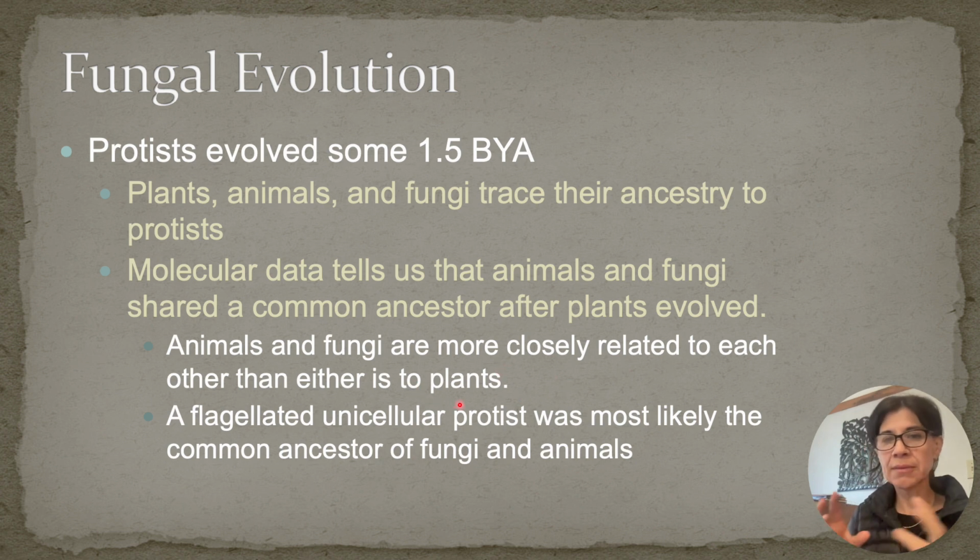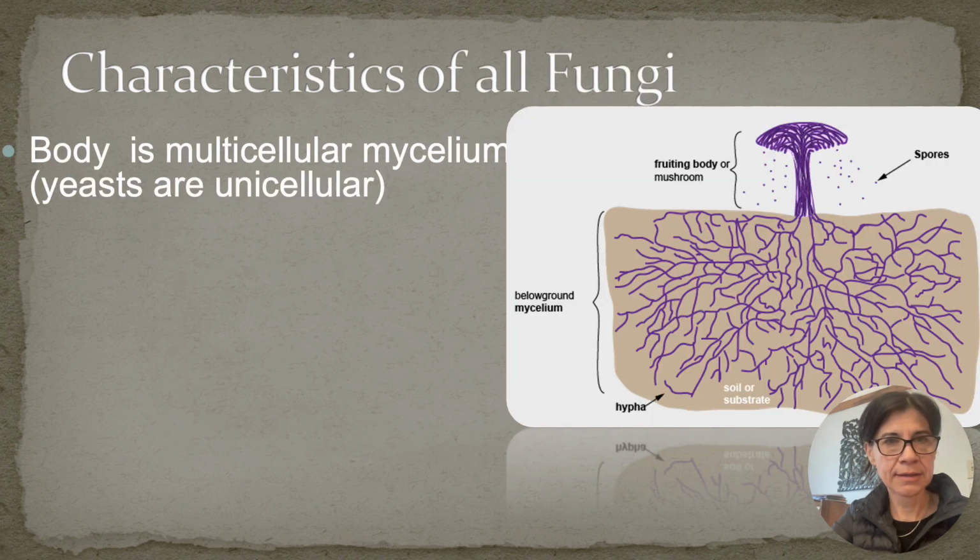So even though originally they put fungi and plants together, now, because of molecular data, we find that fungi and animals are actually more closely related to each other than either is to plants. And we're going to talk about why that is.